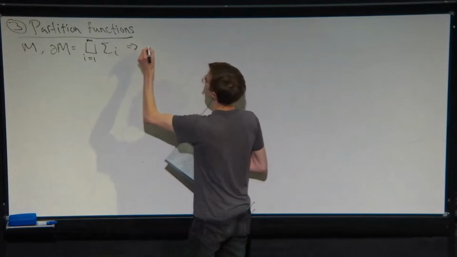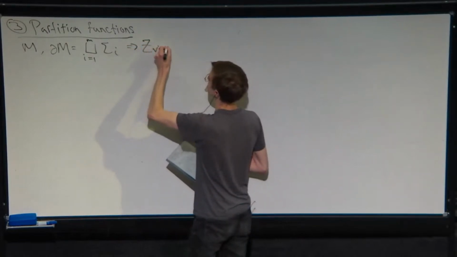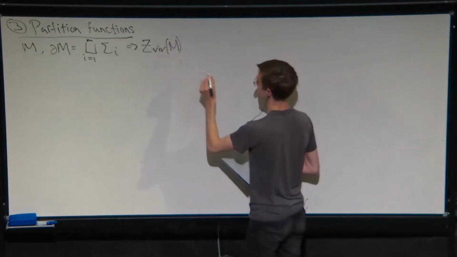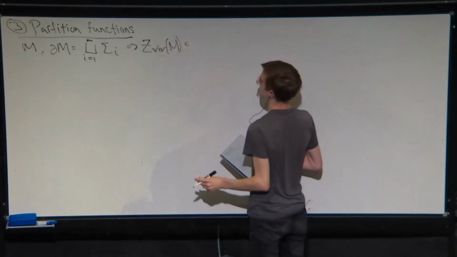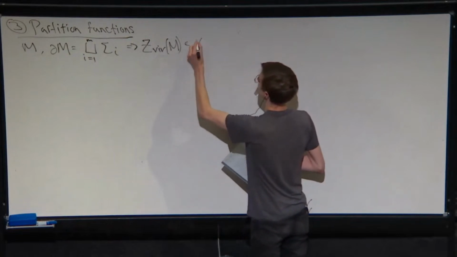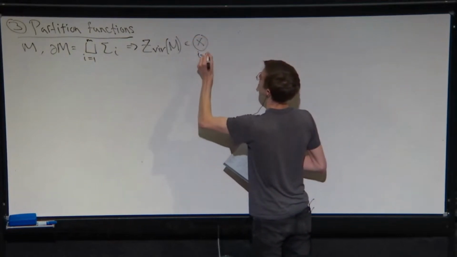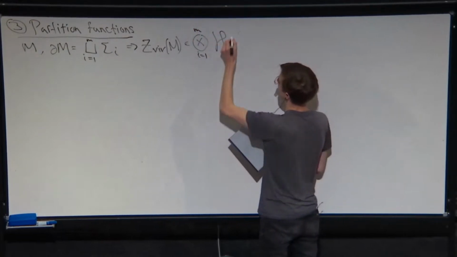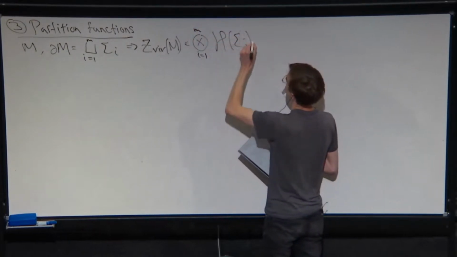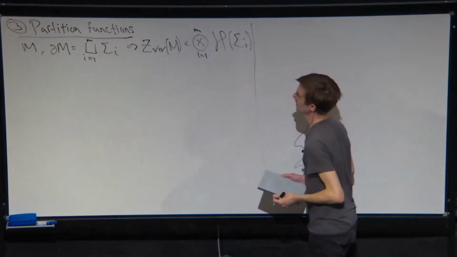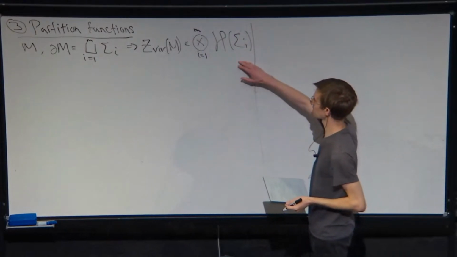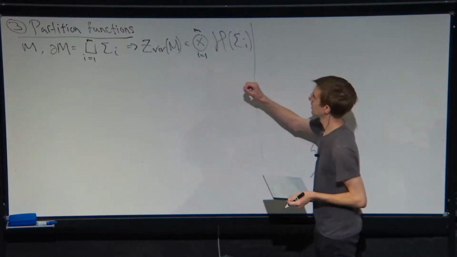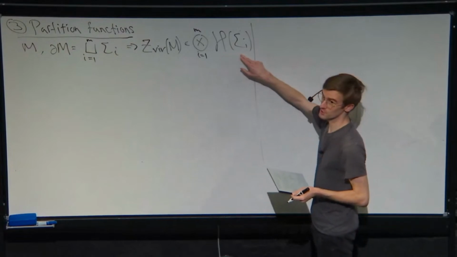Then I want you to think of the partition function of the TQFT on M, which I'll call Z_Vir of M, as actually being a state that lives in the tensor product of the Hilbert spaces associated with each boundary. And to make this statement a bit more concrete, what that means is that the partition function is some linear combination of products of conformal blocks for each boundary component.